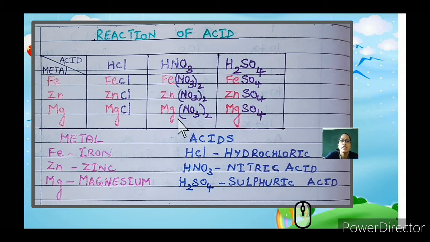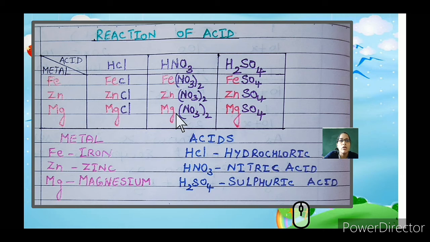Next we will see the metal magnesium. The magnesium symbol is Mg. Magnesium reacts with hydrochloric acid to give rise to MgCl. Magnesium reacts with nitric acid to give magnesium nitrate.